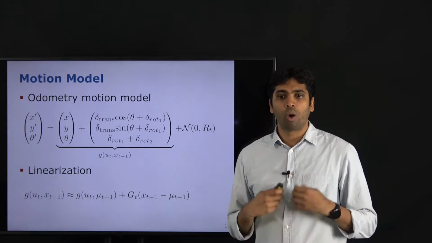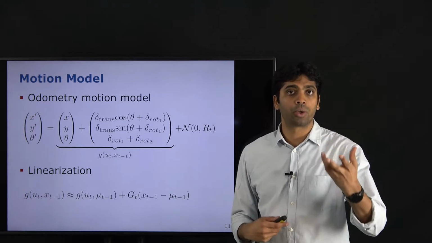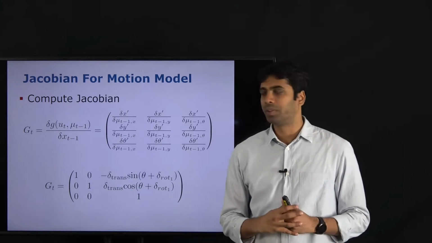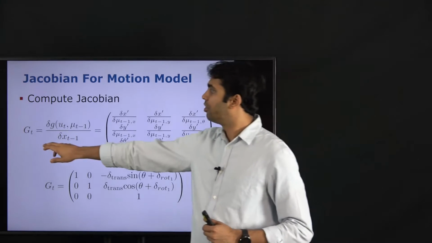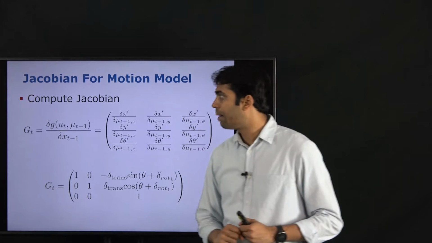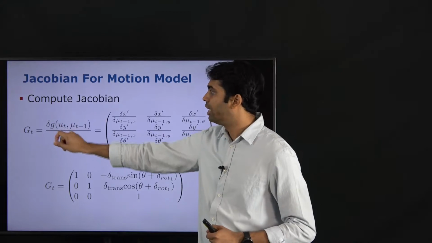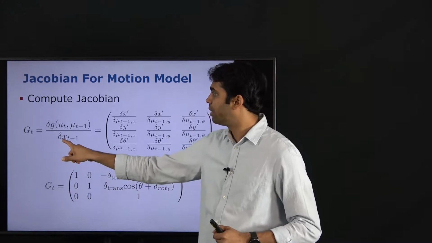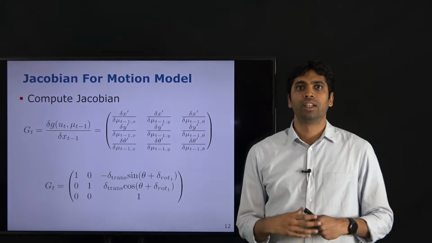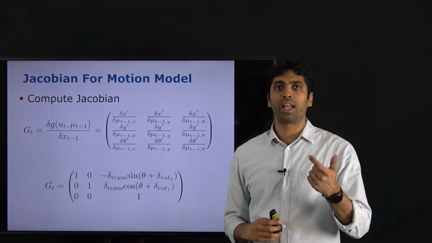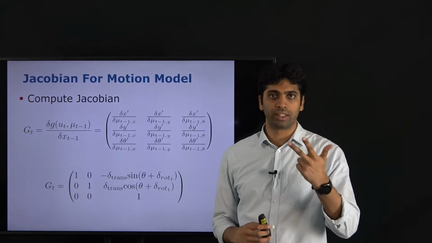Similarly, we will also have a Jacobian with respect to the controls u. So let's see how to actually compute these Jacobians. The first thing that we compute here is capital GT, which is the derivative of your nonlinear motion model g with respect to your states x. So here our states consist of our position, so x, y, and then the pose or the orientation theta.